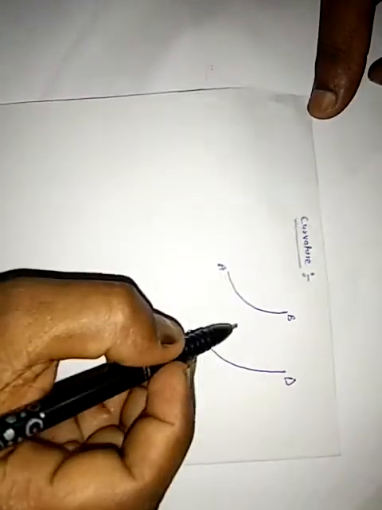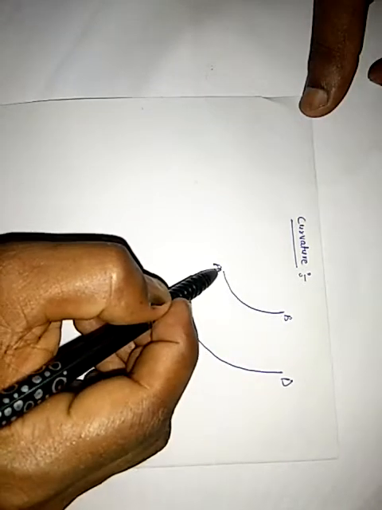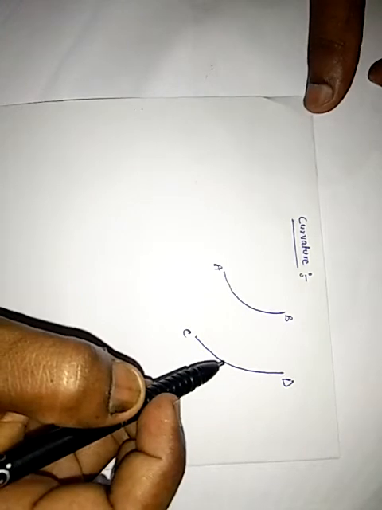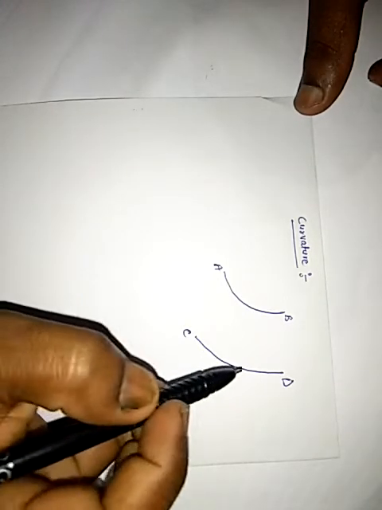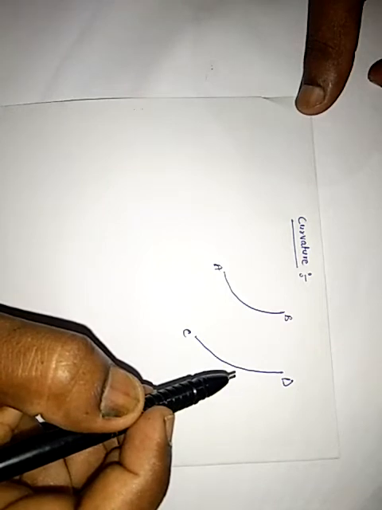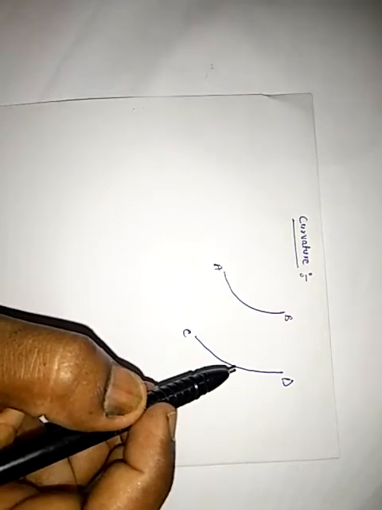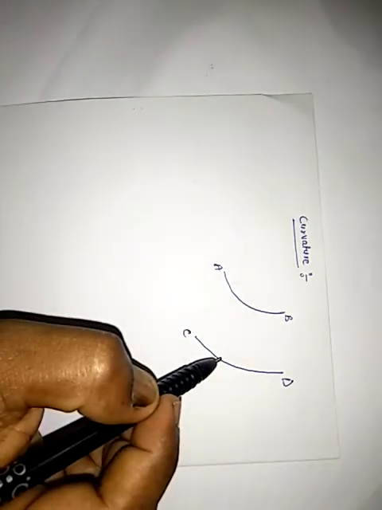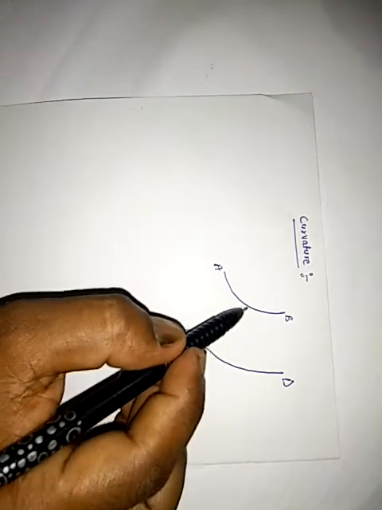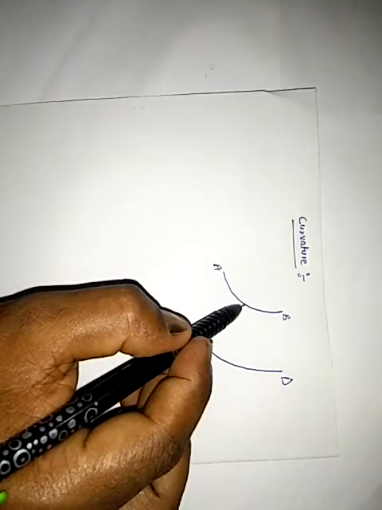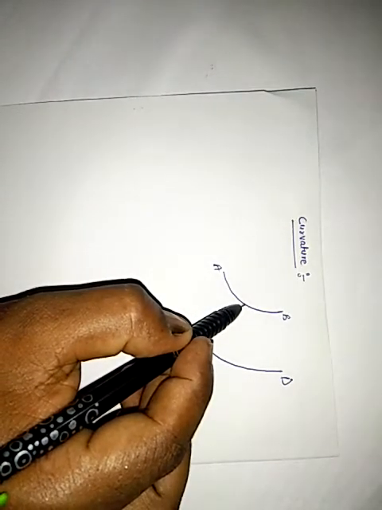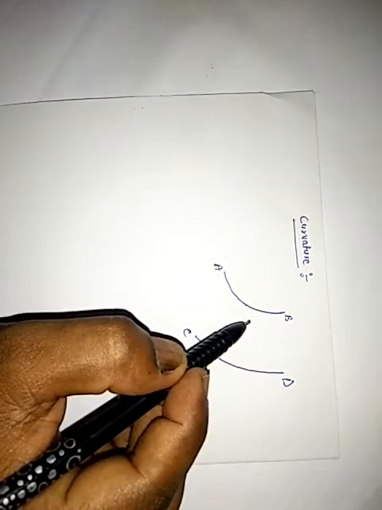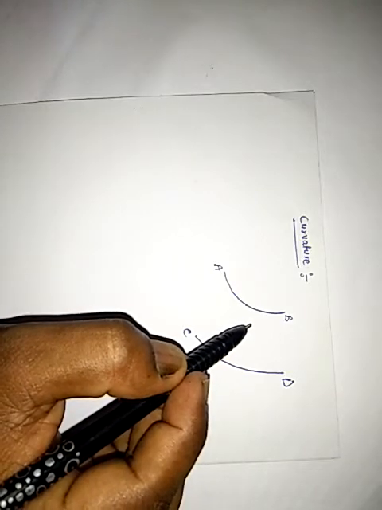We say that AB is more bending compared to CD. It means geometrically the difference between AB and CD is expressed by saying that the curvature of AB is greater than that of CD.